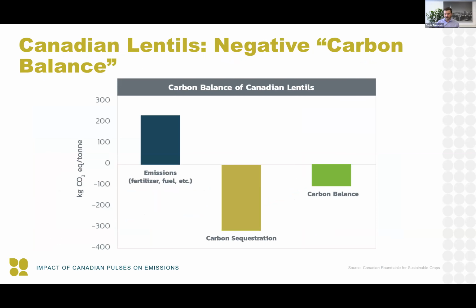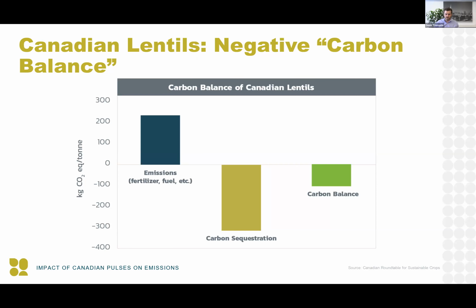When we look at the potential, especially in Western Canada, in the Western prairies where we have very high no-till adoption rates, we see that there's actual potential for pulse production to be carbon neutral or even carbon negative, because the amount of carbon sequestration from that cropping system is bigger than the amount of emissions that come from the production of that.